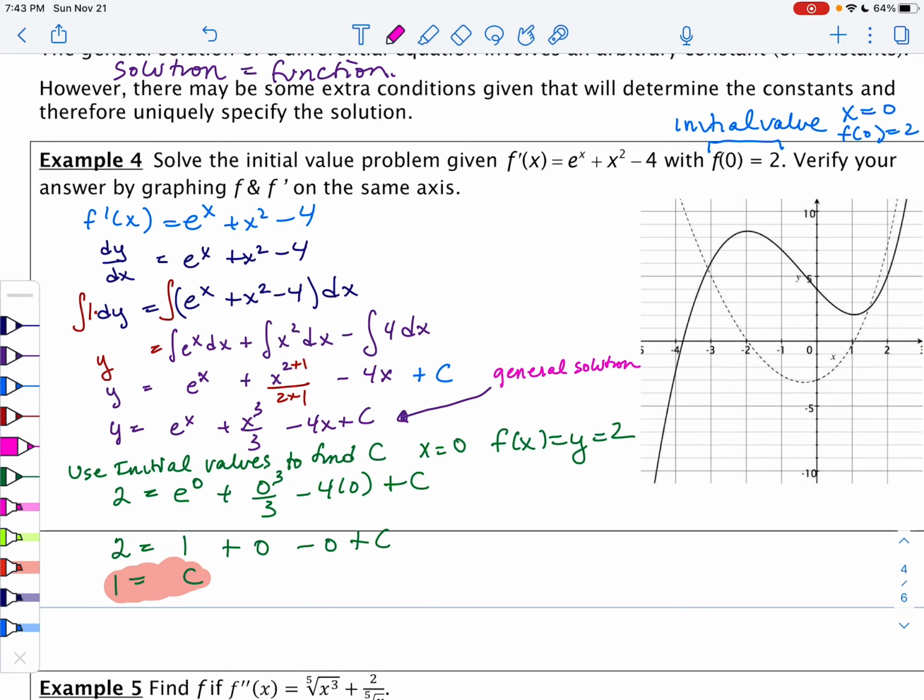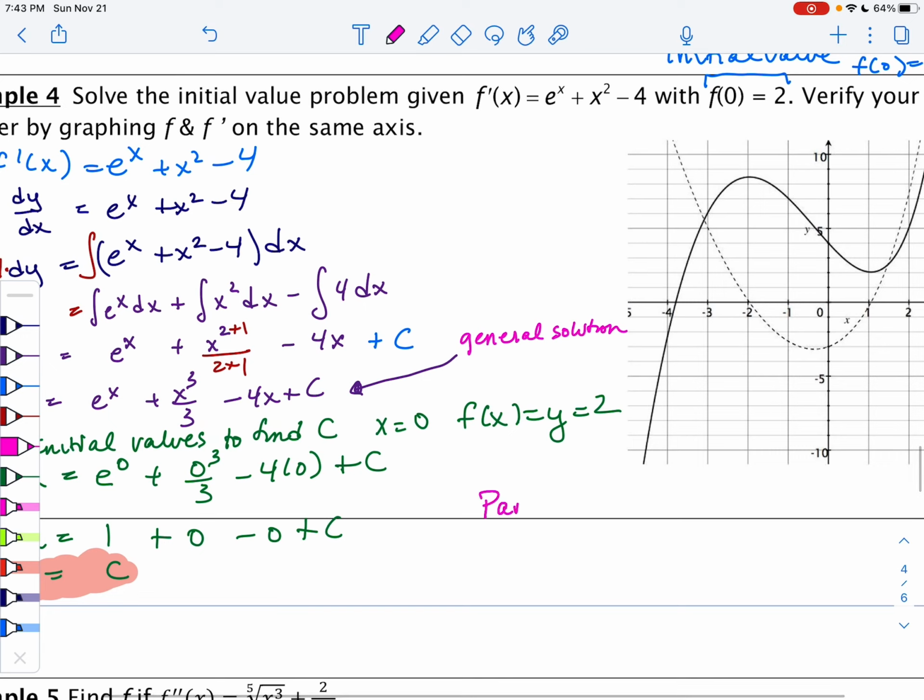So our particular solution is the general solution, but we replace the plus c because that's the arbitrary constant. It's the family of functions. The particular solution satisfies the initial value that we are given.